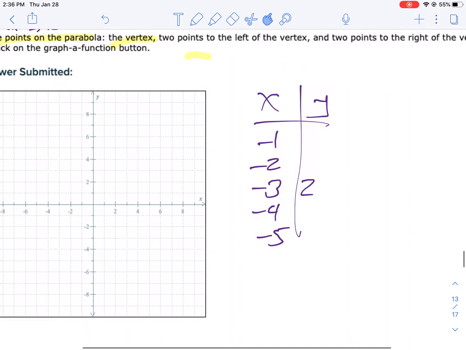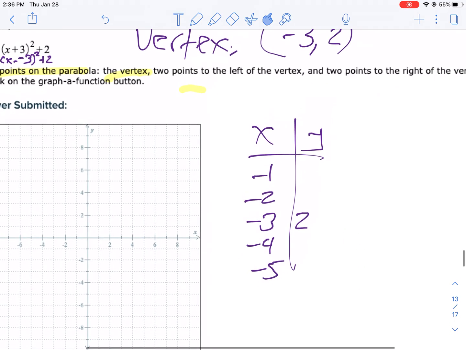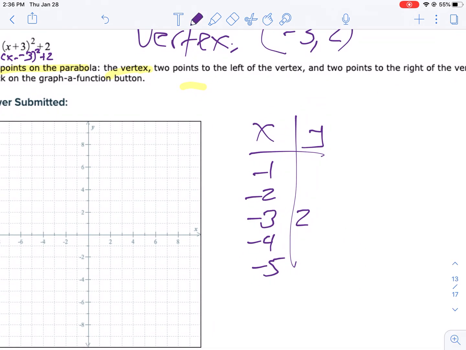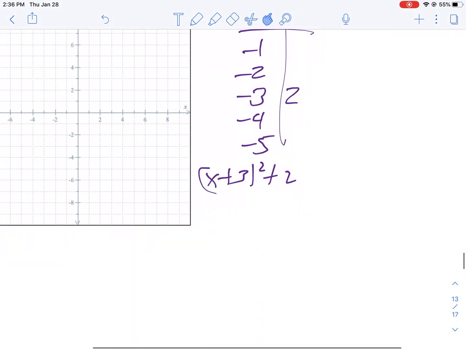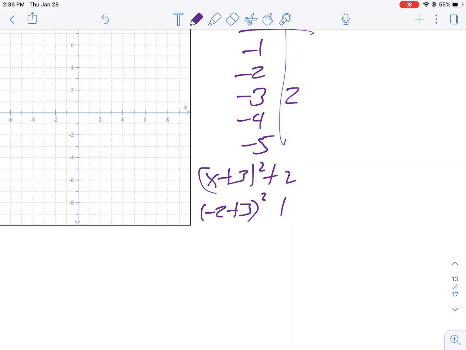So now, let's put in negative 2 for x. I'm going to write down the problem here so I can look at it: x plus 3, the quantity squared, plus 2. That's what we're graphing. I want to make sure there wasn't a number in front I didn't see. So we'll put in negative 2: negative 2 plus 3, the quantity squared, plus 2. Negative 2 plus 3 is 1.